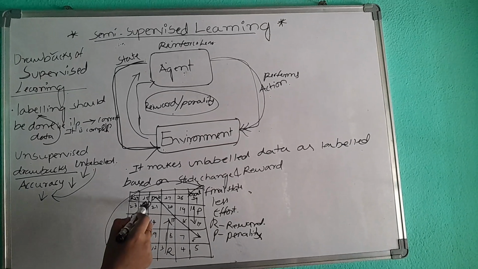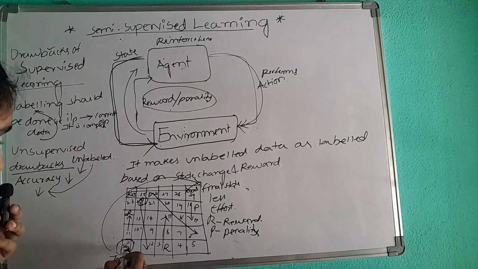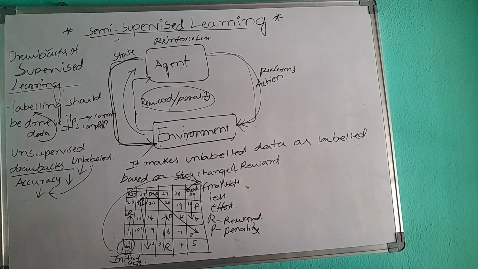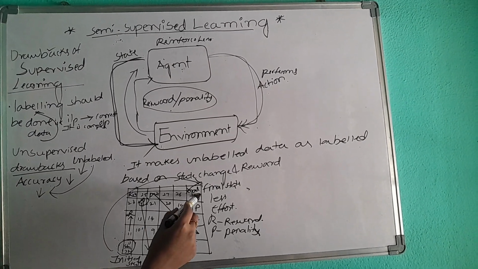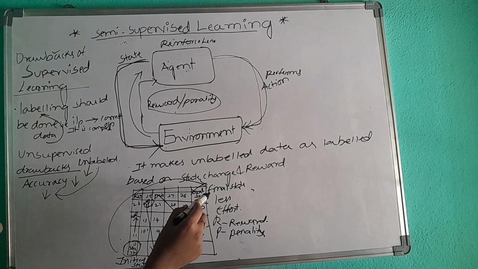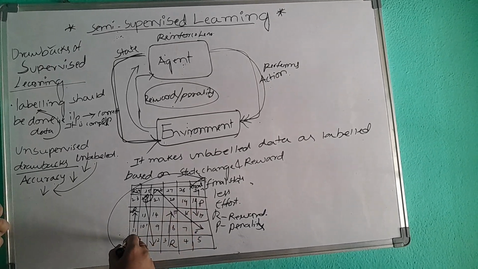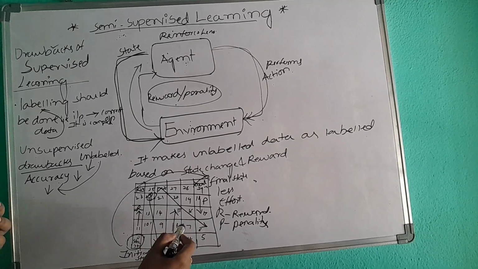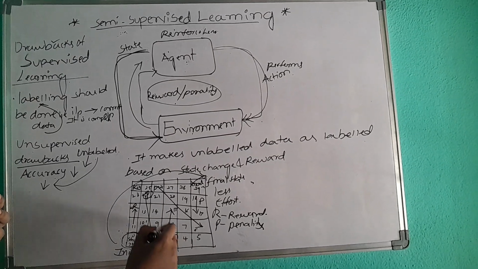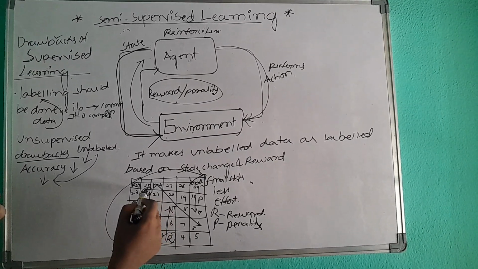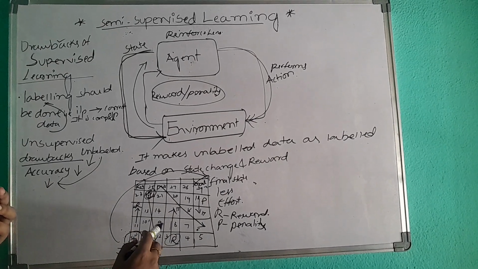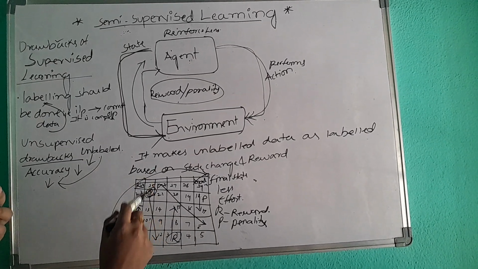So this is penalty. Here we have to make the move such that we reach the goal state in a faster way. That means we have to step into the reward states and escape the penalty states. This is possible by using reinforcement learning.